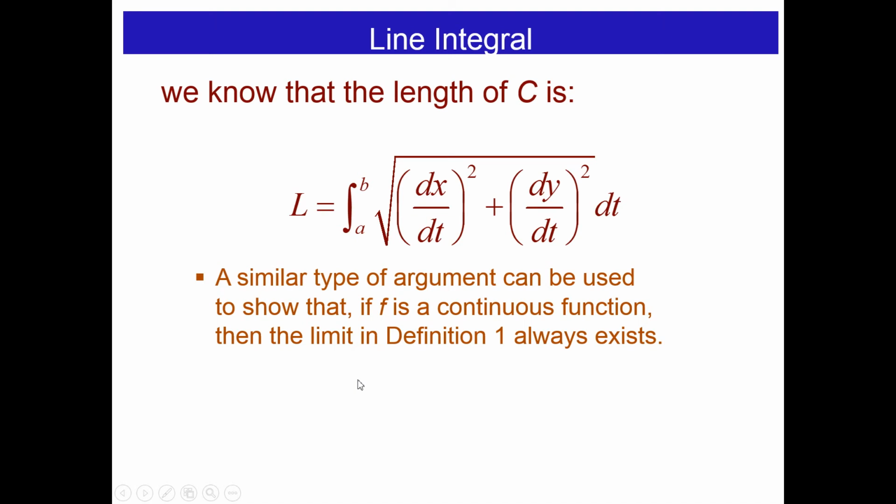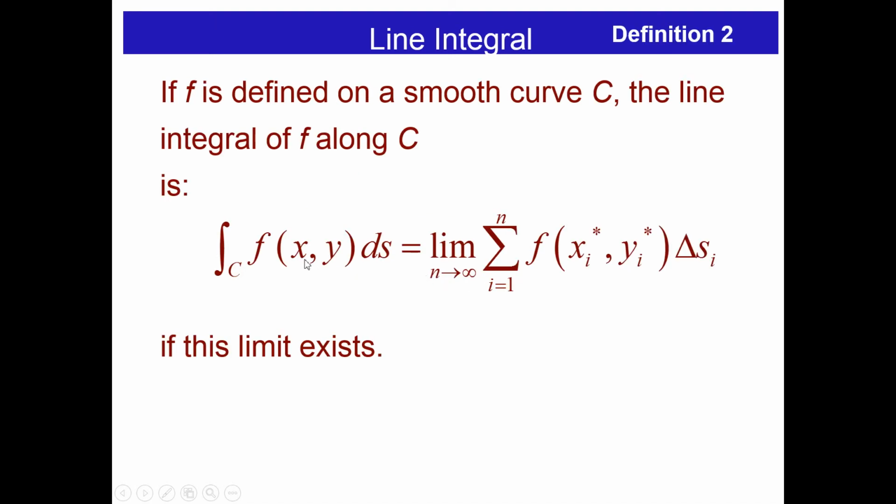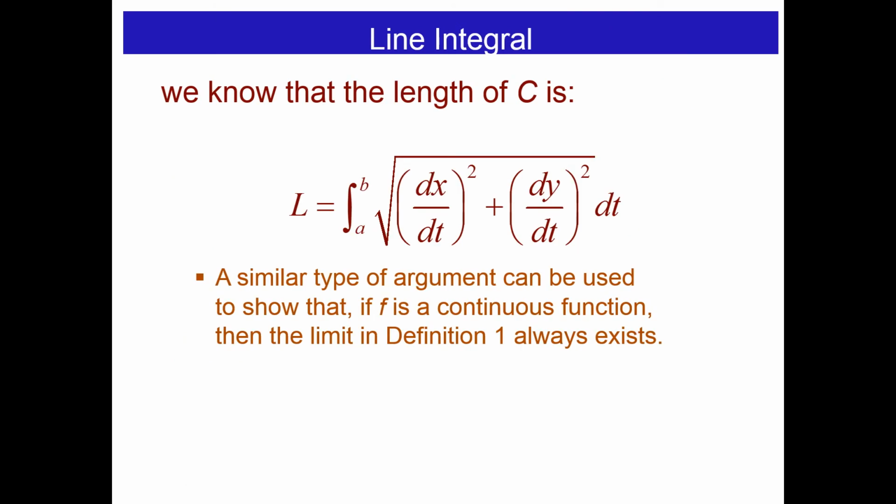So we will replace ds by this, and x will be replaced by x(t), y by y(t), where x(t) and y(t) are the parametric representation of the curve C. Evaluation of these line integrals is very simple. I will discuss it in later slides.